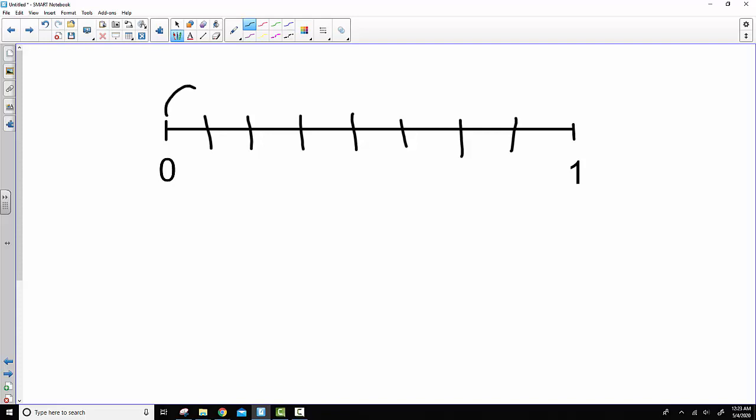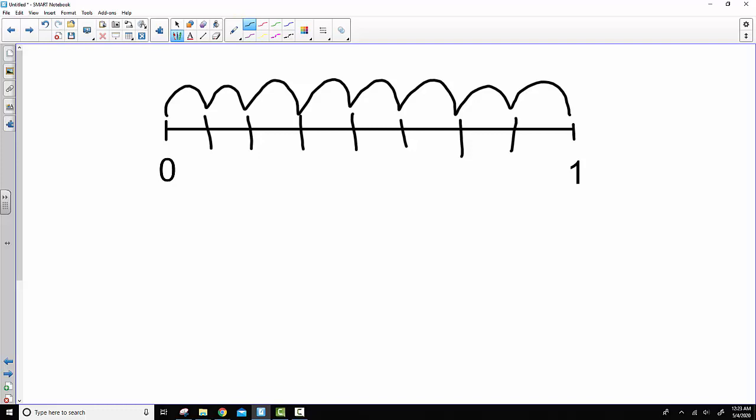And we see that there's 1, 2, 3, 4, 5, 6, 7, 8. So you tell me, what is this line segment divided by? If you said eighths, you're absolutely correct. There are 8 parts between 0 and 1.